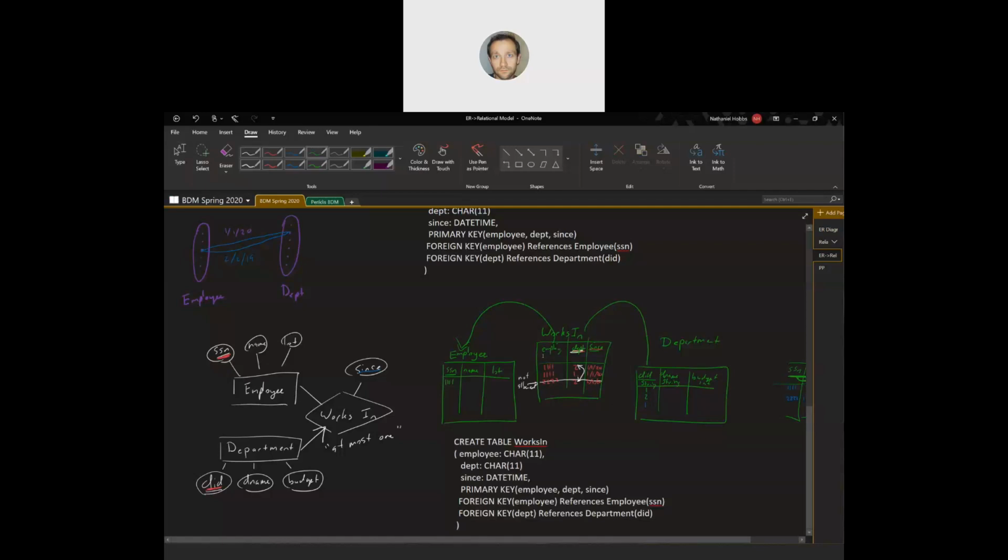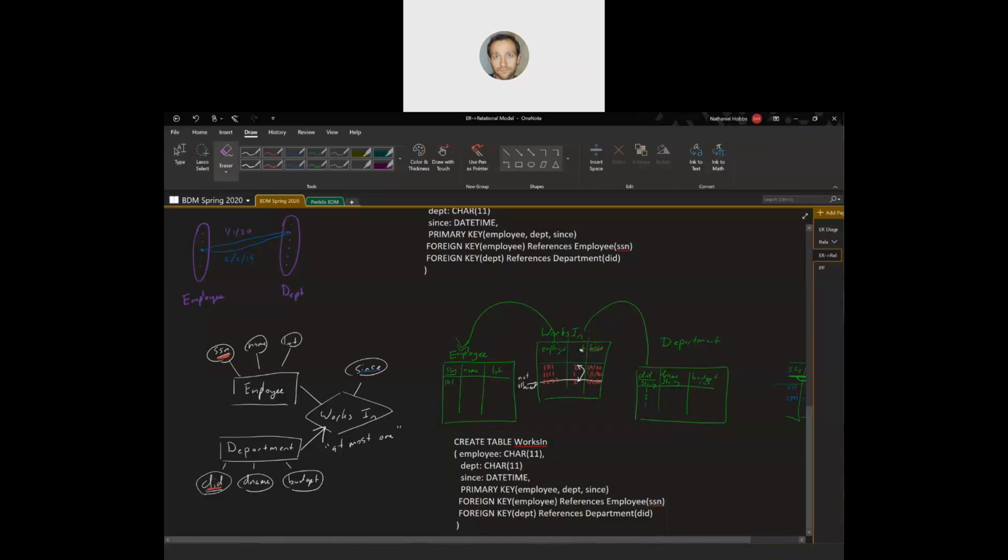Another small thing here in the works in table, just because I renamed this column to be named employee, not SSN, the way that you would capture this in SQL is to take the foreign key and reference the particular column that you want it to point to within the employee table.